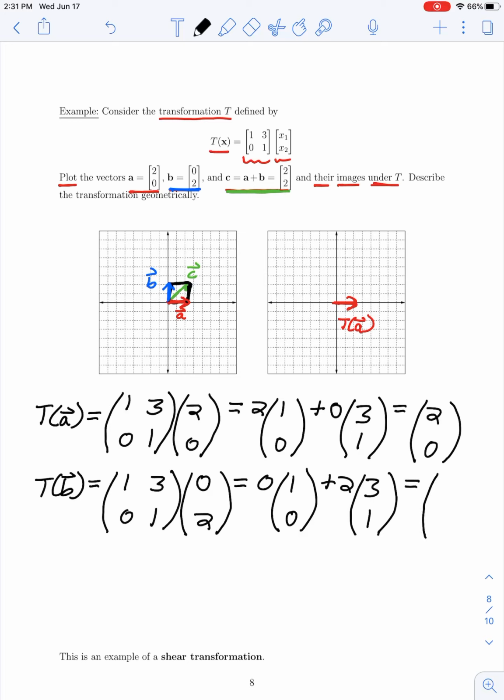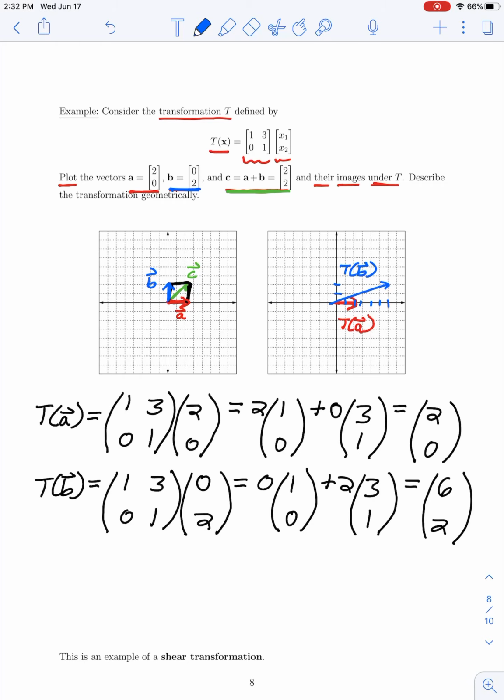So that leaves us with (6, 2) as the image of B. So the vector B is transformed under T to the vector (6, 2). So we're moving 1, 2, 3, 4, 5, 6 units outward, 2 units upward. So we have the image of B under the transform T shown here.